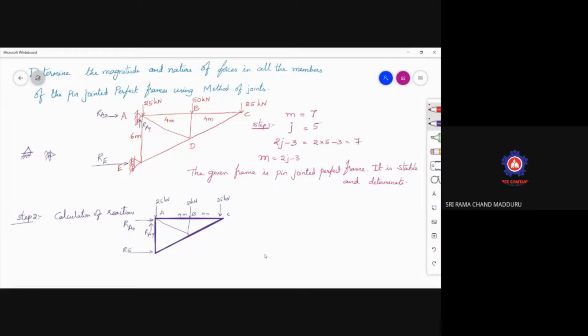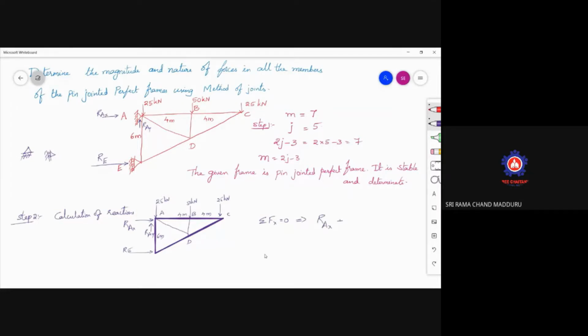This is 4 meters, this is 4 meters, this is 6 meters. Now, for the calculation of the reactions, sigma Fx is equal to 0. When I write sigma Fx is equal to 0, summation of the forces, what are the forces along the horizontal direction?